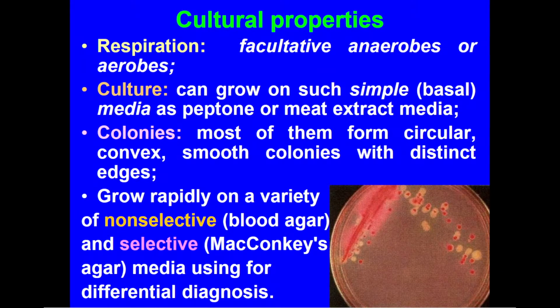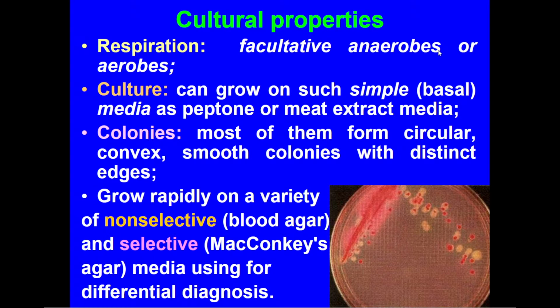What are the basic biochemical and cultural properties of these bacteria? First, regarding oxygen requirements, they are classified as facultative anaerobes or aerobes. Almost all of them are facultative anaerobic bacteria.